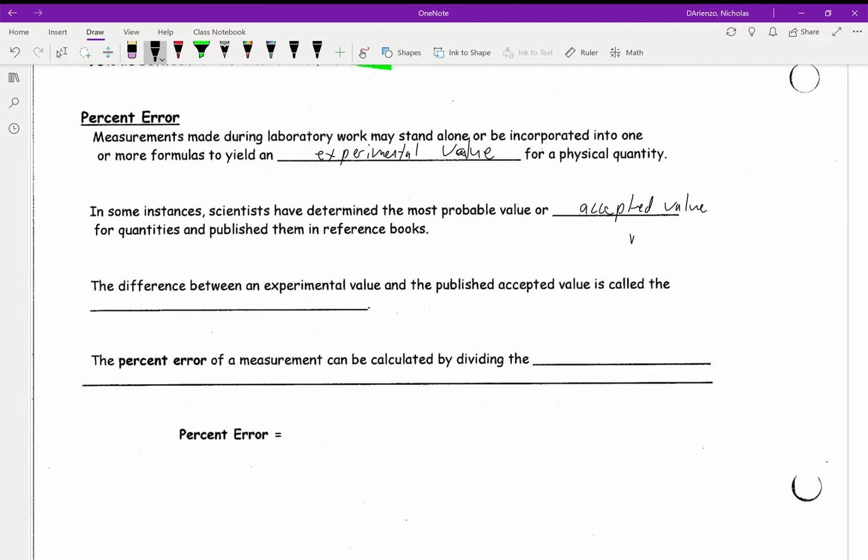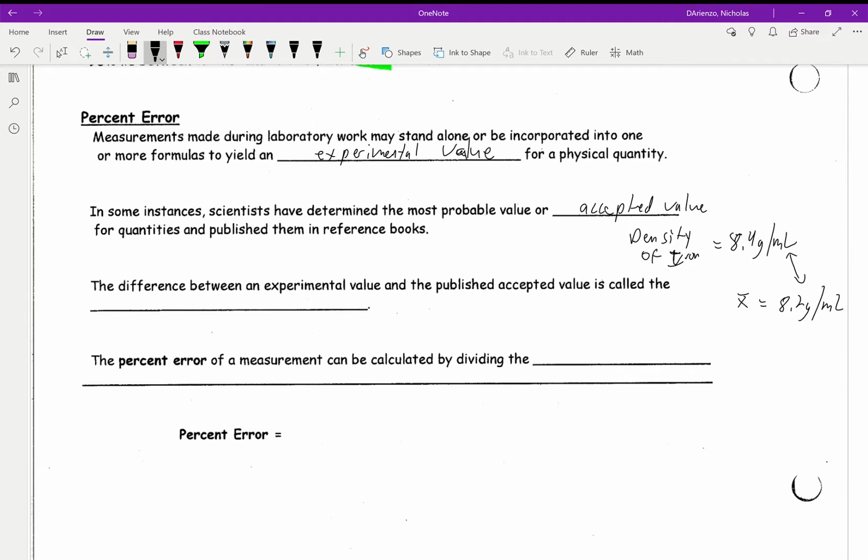For example, the density of iron may be accepted to be 8.4 grams per milliliter. If you measured this experimentally and got an average density of 8.2 grams per milliliter, we could compare these two and find the percent error between our experimental value and the accepted value.